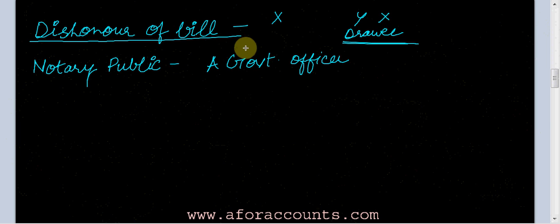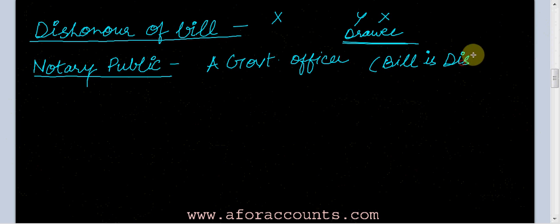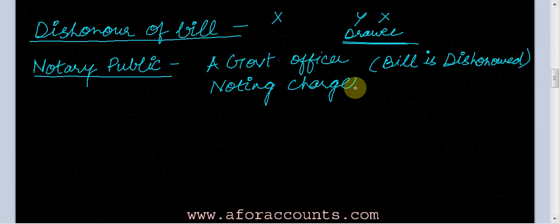So the holder will go to the notary public, a government officer, and get it noted that the bill is dishonored. Some charges will be paid. Such charges are called noting charges. Okay.